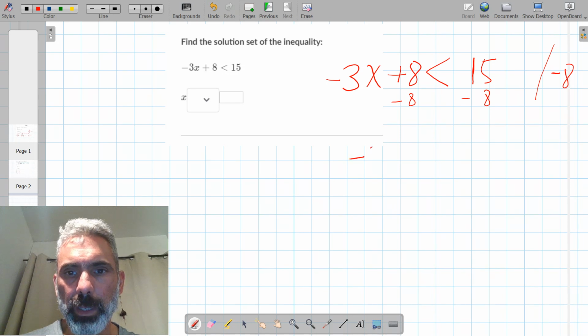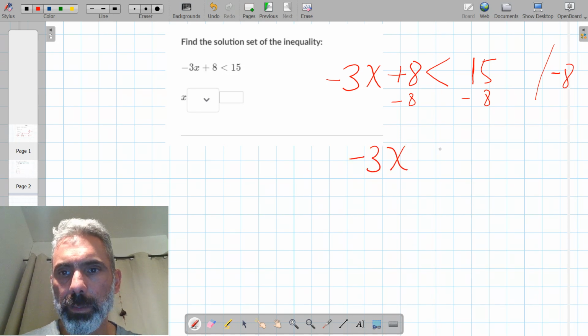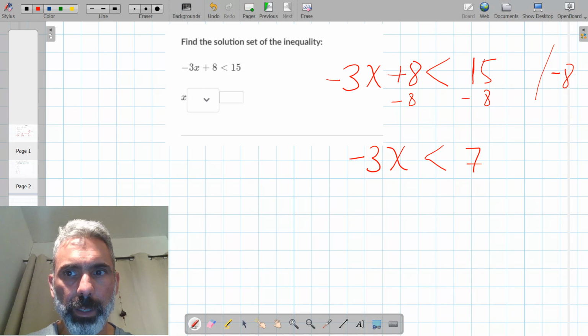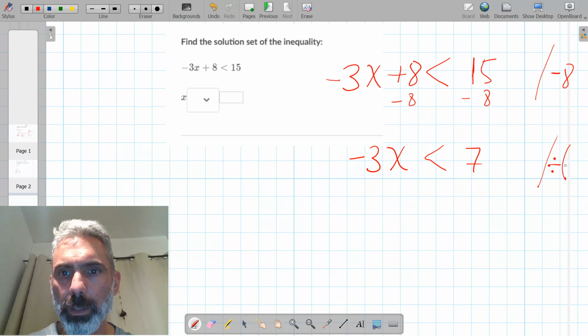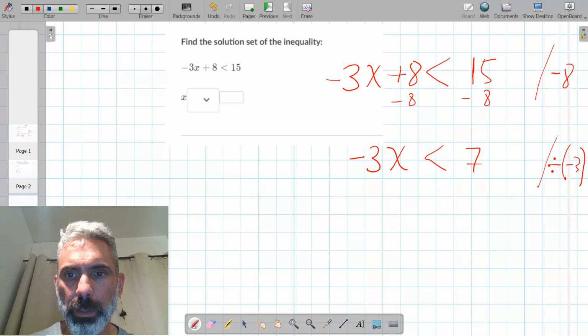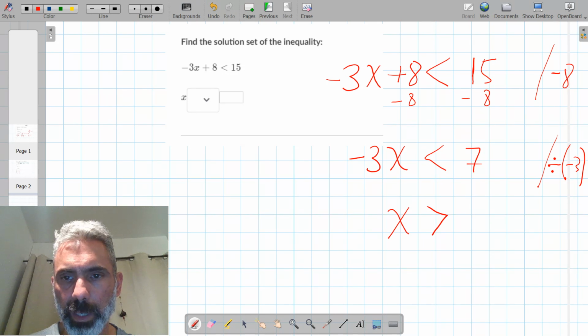So on the left hand side I am left with minus 3x has to be less than 15 minus 8, which is 7. Now I need to divide both sides of the inequality by negative 3. And since I'm dividing by a negative number, the sign of the inequality will flip. Minus 3x divided by minus 3 is just x.